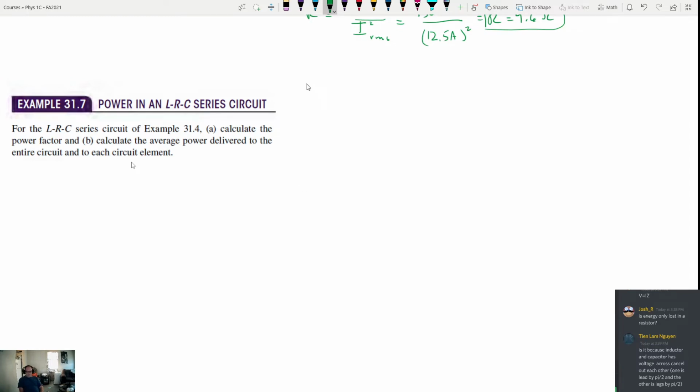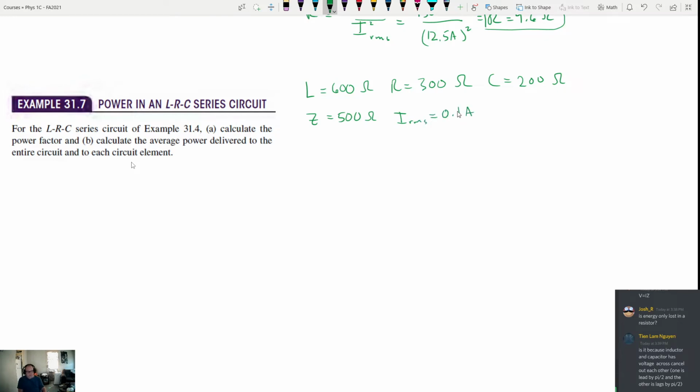In that problem, I think what we found was the inductive reactance was 600 ohms, the resistance was 300 ohms, and the capacitive reactance was 200 ohms. We also had an angular frequency. I don't think we're going to need that. We found Z was equal to 500 ohms. We had IRMS. Was it IRMS or IMAX that was 0.1 amps?